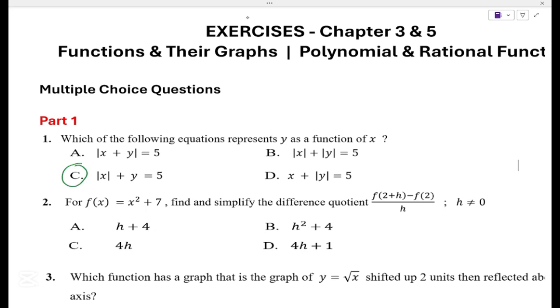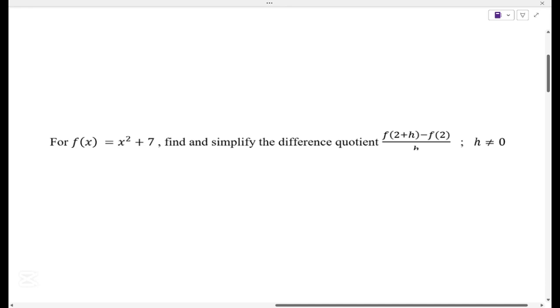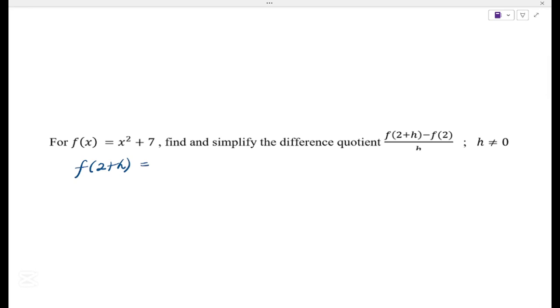For question number 2, for f of x equal to x squared plus 7, find and simplify the difference quotient f of 2 plus h minus f of 2 divided by h, where h is not equal to 0. To solve this problem, let us first solve f of 2 plus h, which is replacing 2 plus h for every x in the given function.